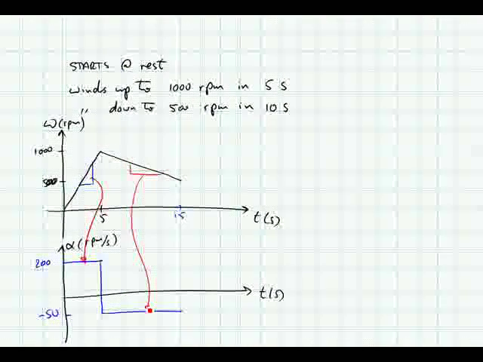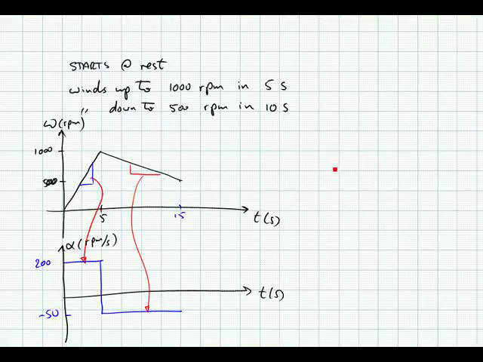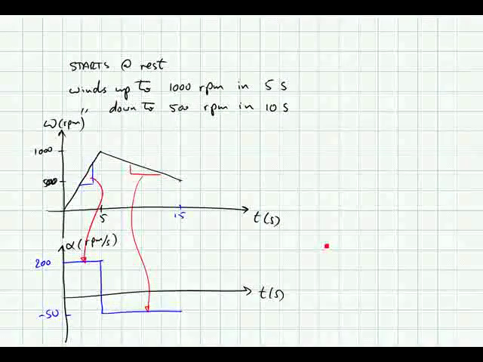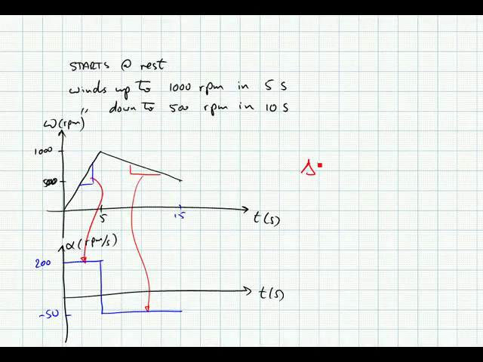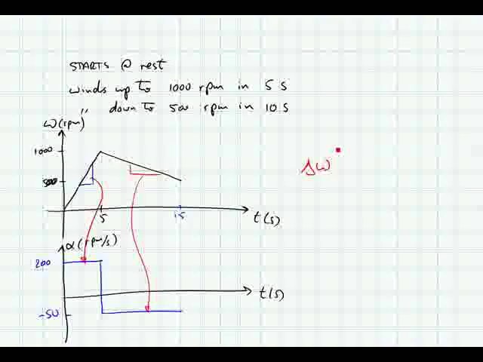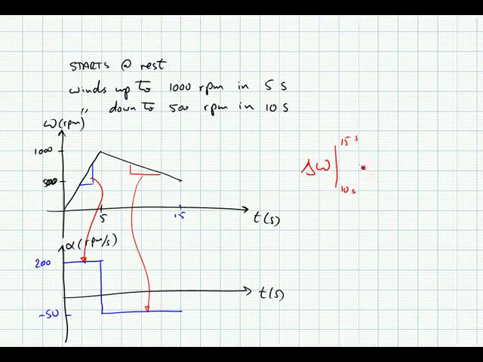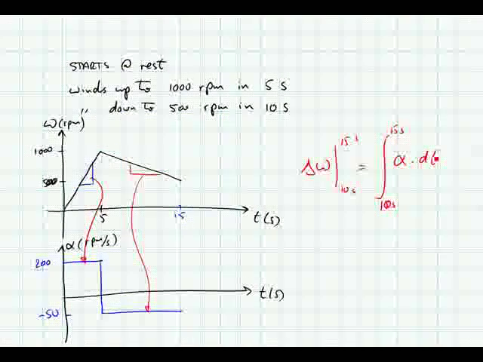If you wanted to figure out the change in the angular velocity of the object between 10 seconds and 15 seconds, that's simply the area under the angular acceleration versus time plot from 10 seconds to 15 seconds.